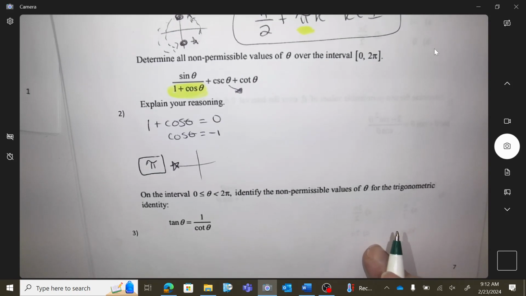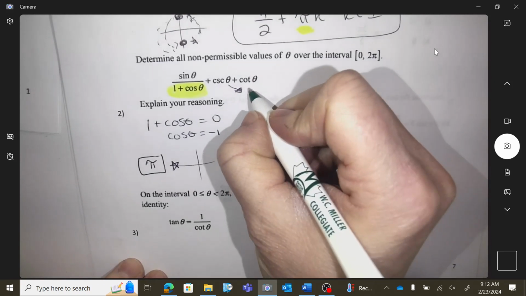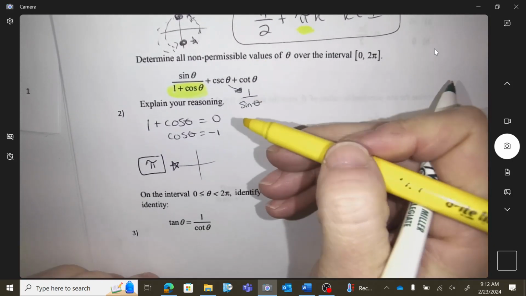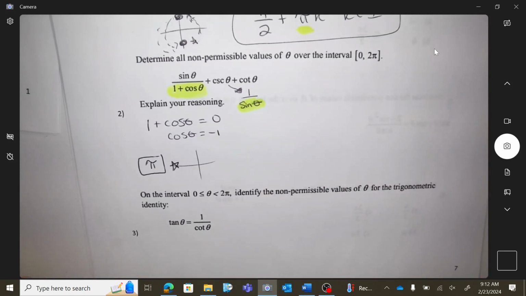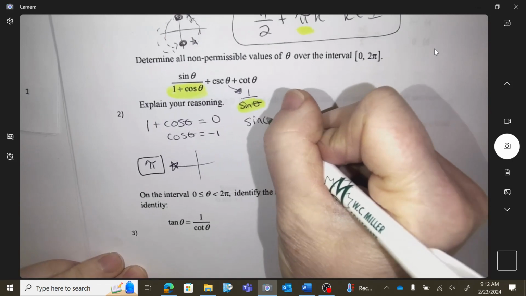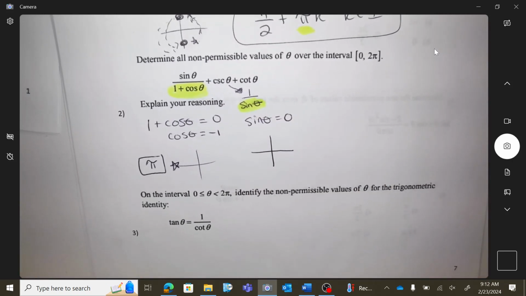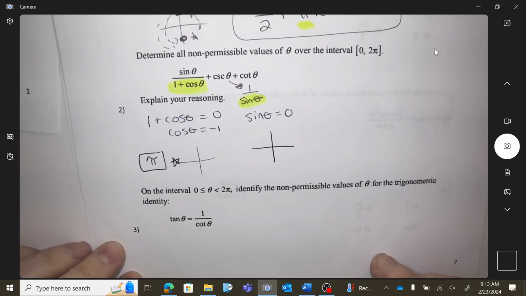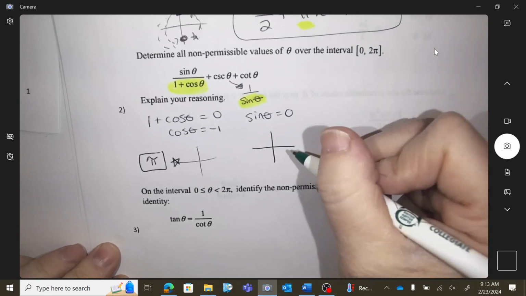Cosecant would create a division. What's it the flip of? Sine, which means I would have to worry about sine being 0. So where would you find sine of 0?